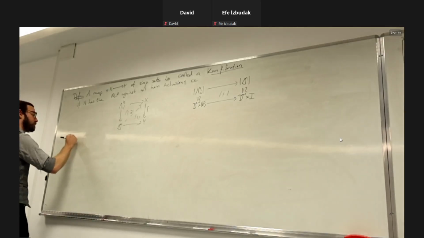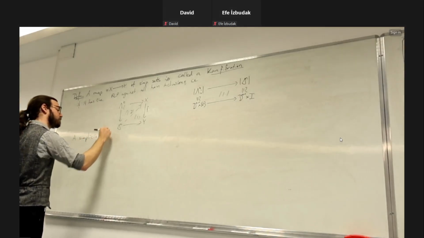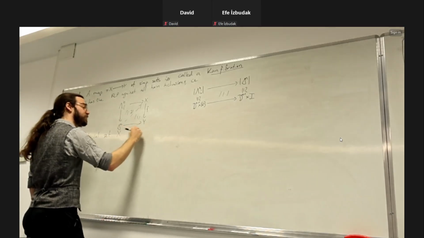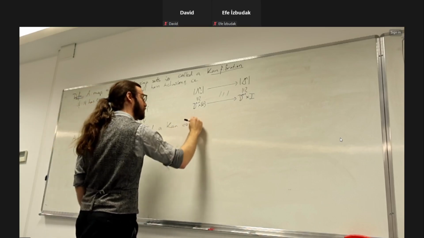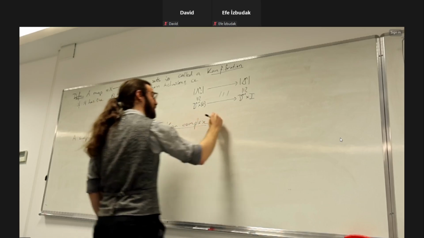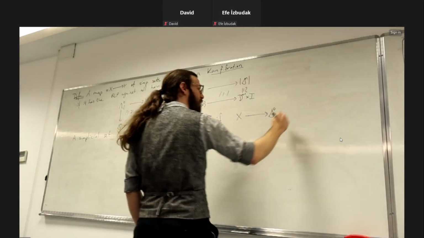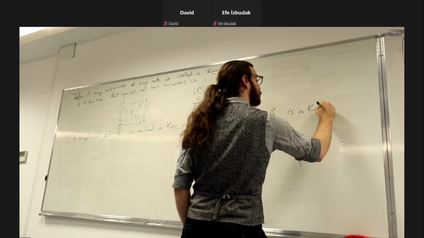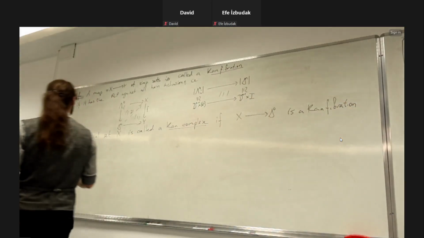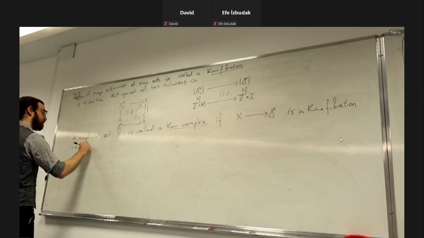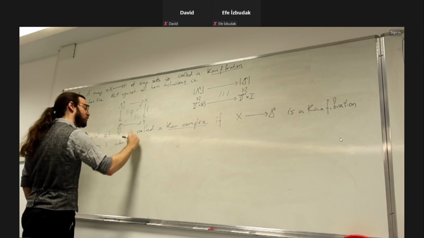So a simplicial set X is called a concomplex if the unique map from X to the terminal object is a confibration. We then say X admits horn fillers.